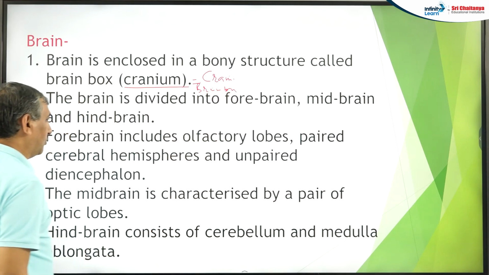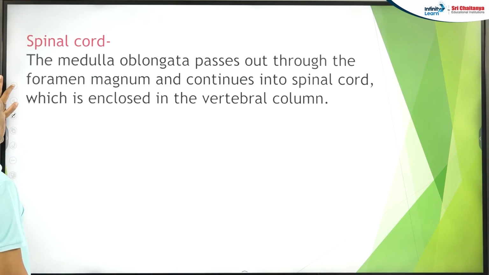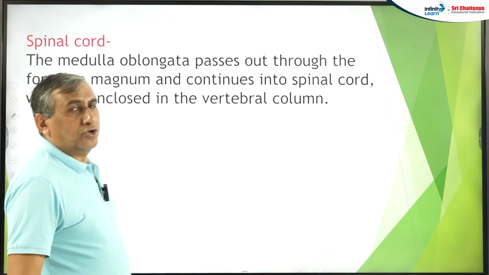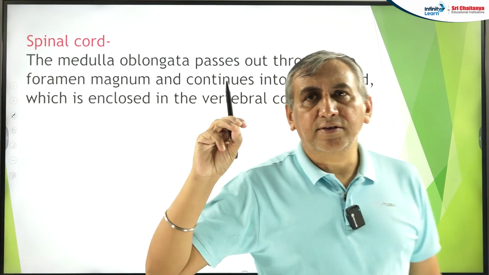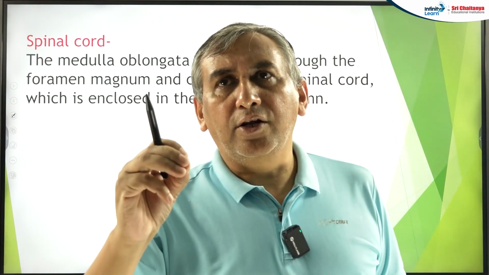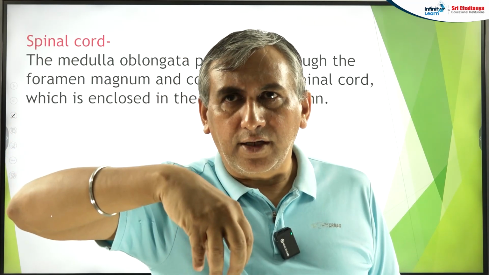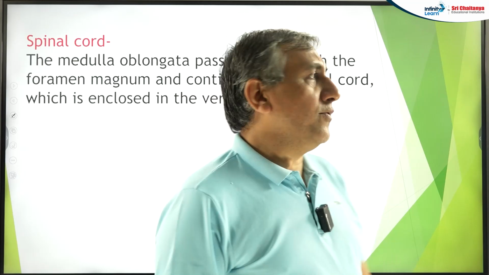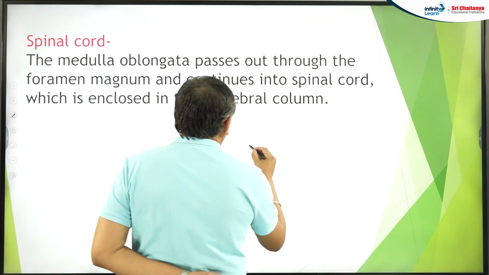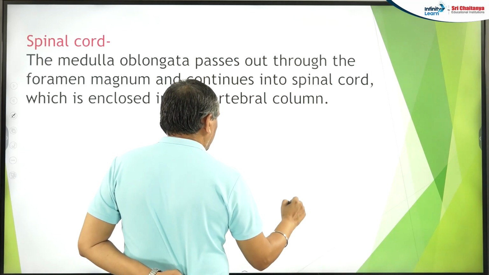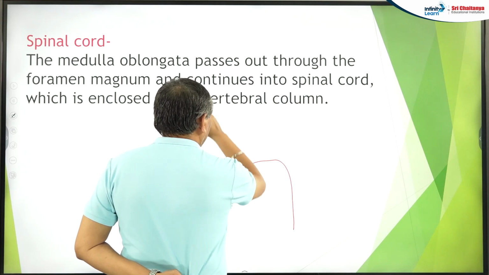Okay. Now this is one point that you will remember. There are two parts of the central nervous system. One is the brain, one is the spinal cord. The last part of the brain is known as the medulla oblongata. It continues in the form of spinal cord. So, if I draw, this one is the brain.